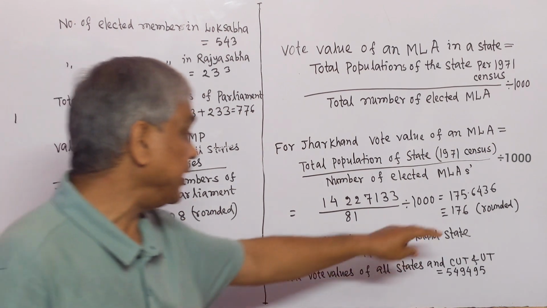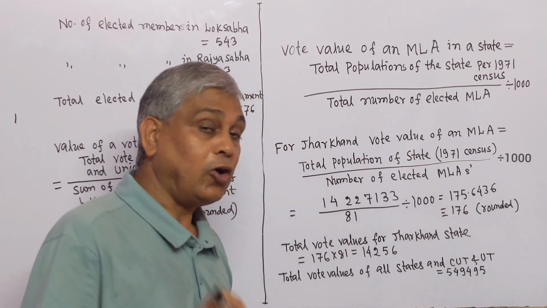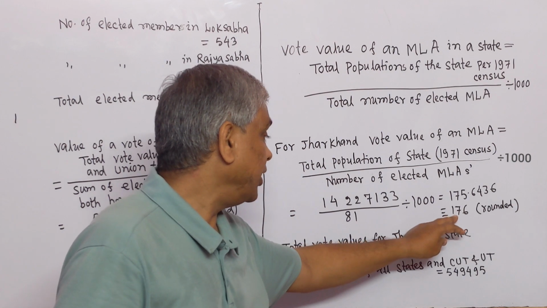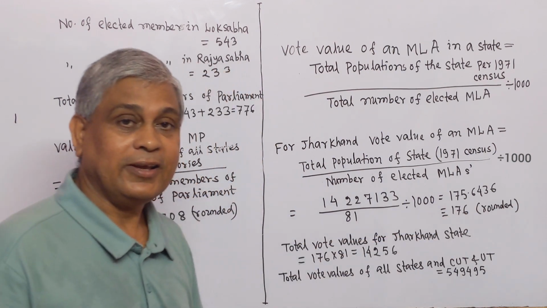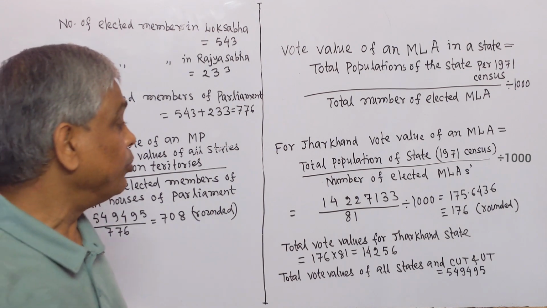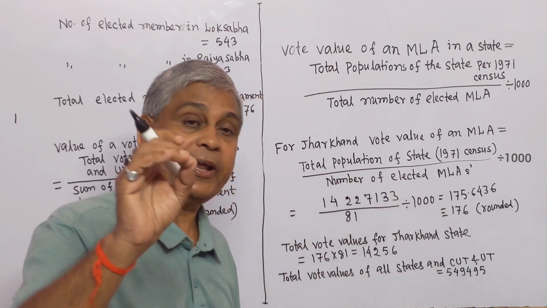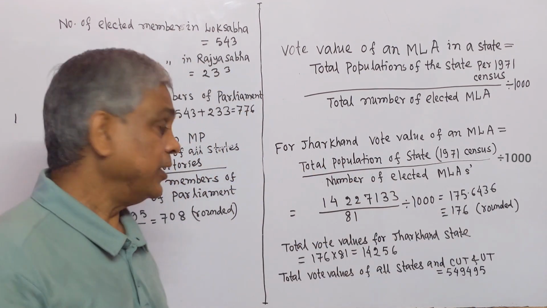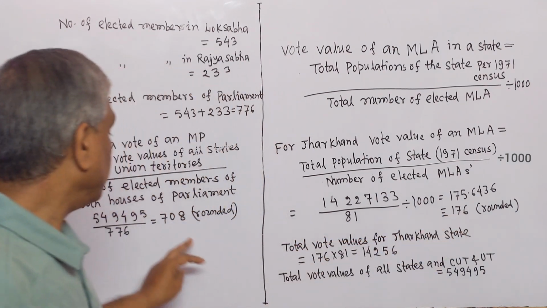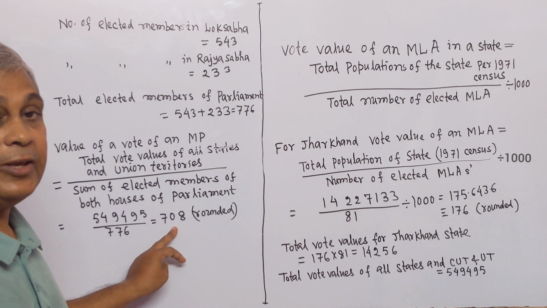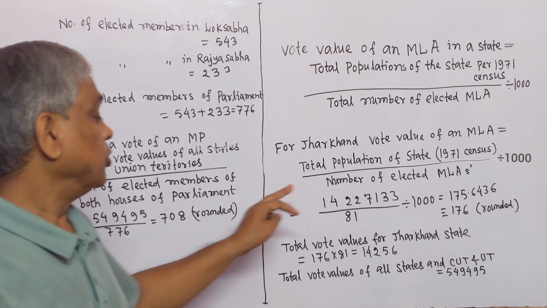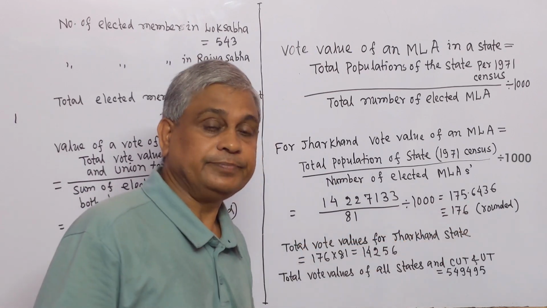Here we have seen that vote value of an MLA in Jharkhand state is 176. Therefore, vote value of an MP is more than vote value of an MLA. Here, if we compare this, we get that vote value of an MP is 4 times approximately to vote value of an MLA.